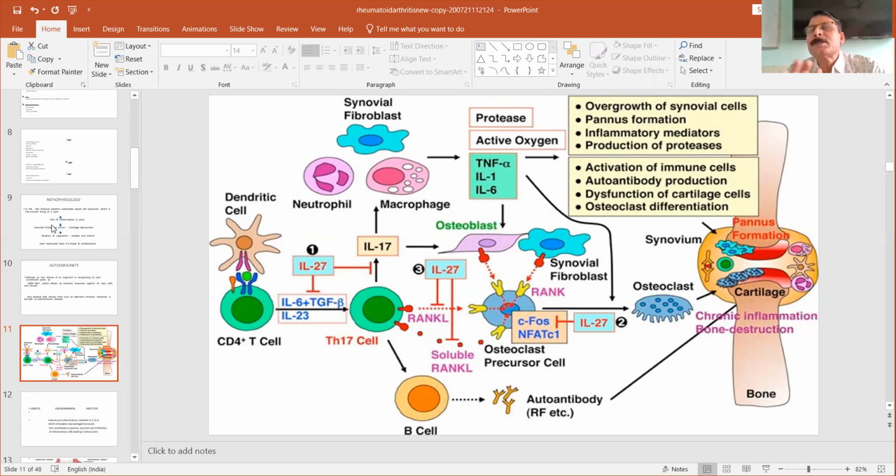When the control system fails, autoimmunity takes place. Autoimmunity is not an unusual thing happening in your body, but inside the body there is another mechanism which controls it, in the peripheral and central. Sometimes this controlling mechanism fails, and this failure helps in propagation of autoimmunity.